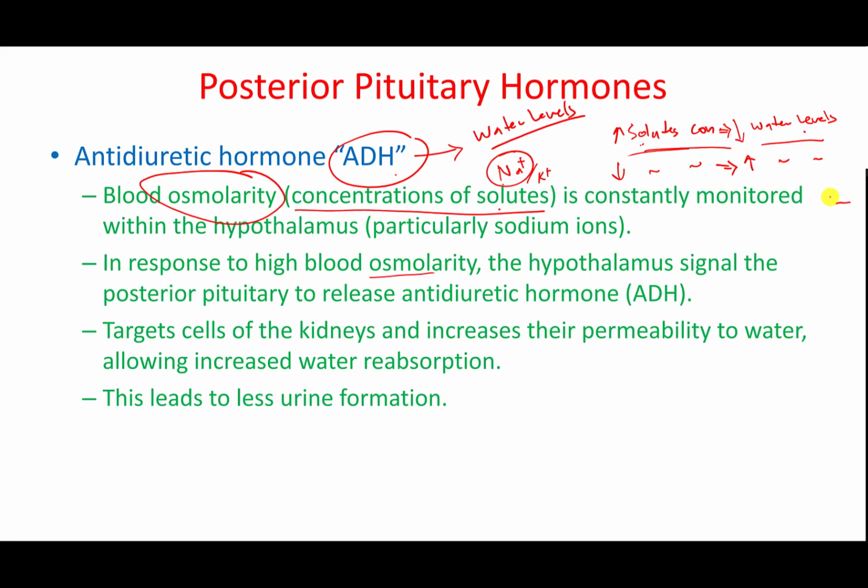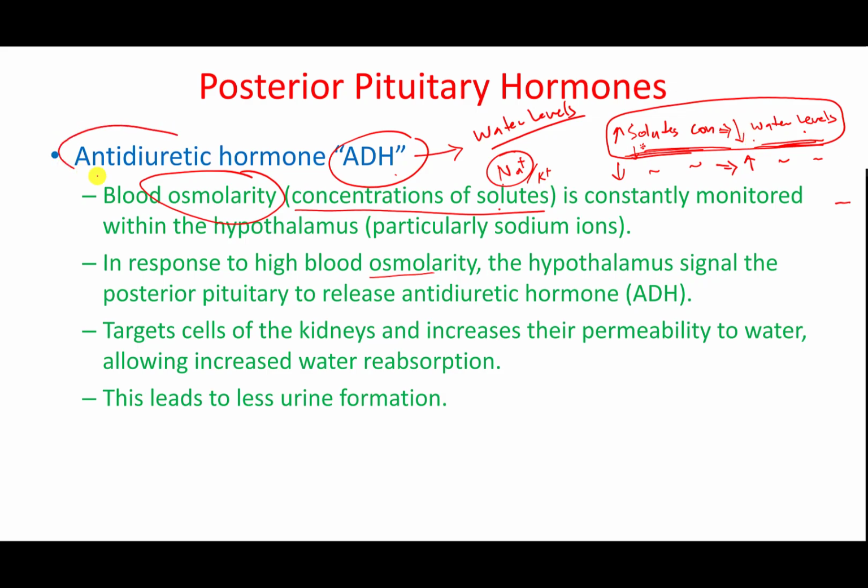So what we need is a balanced situation between the solutes and water. In case we have high solute concentrations, again, it means we have low water levels. How do we get the concentration of the solutes diluted or reduced? We need to increase the water content.